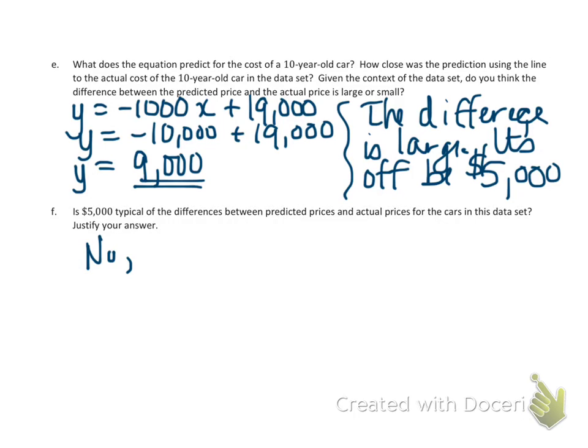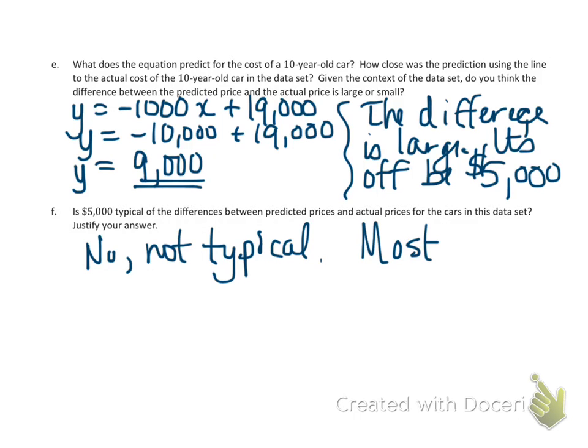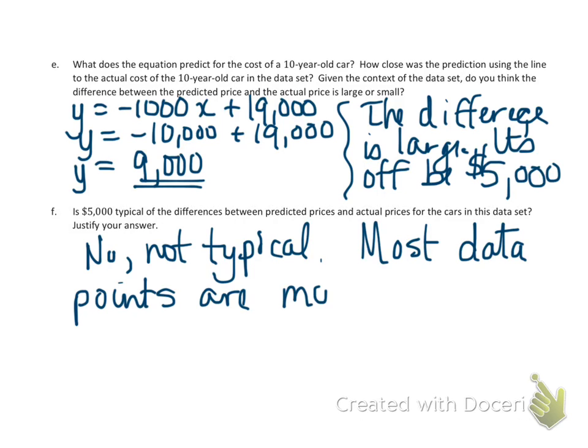So we could say no, not typical. It's not a typical difference. Most data points are much closer to the predicted prices.